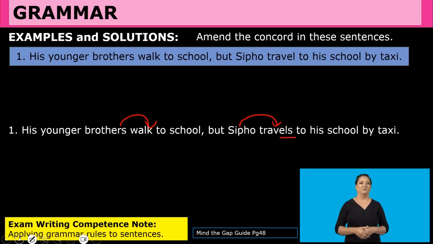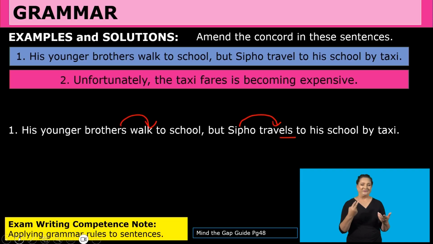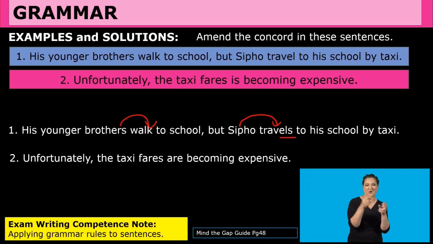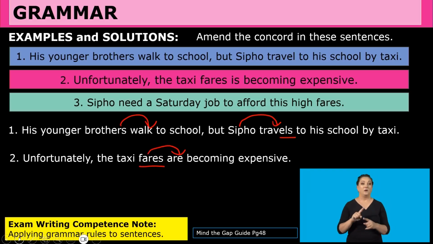In my next sentence, we identify, unfortunately, the taxi fares is becoming expensive. And remember, we want agreement between the subject and the verb. So in my response, the taxi fares, plural, are becoming instead of is becoming, all right? And in my last sentence, it says, Sipho need a Saturday job to afford this high fares, all right?